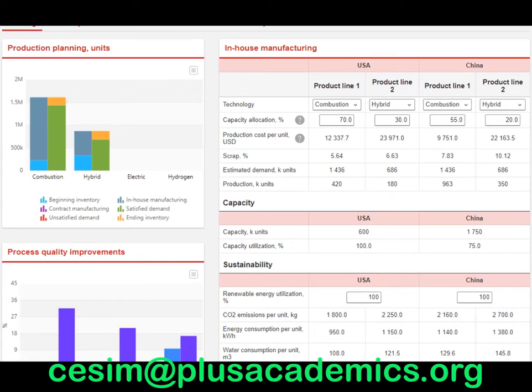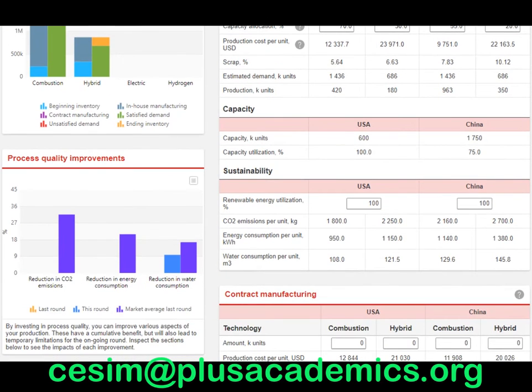So when we have additional products, let's say electric, we'll just change these capacities and production lines so that we can include electric and hydrogen cars manufacturing. We are also offering renewable energy utilization at a level of 100% because we want to be environmentally friendly.